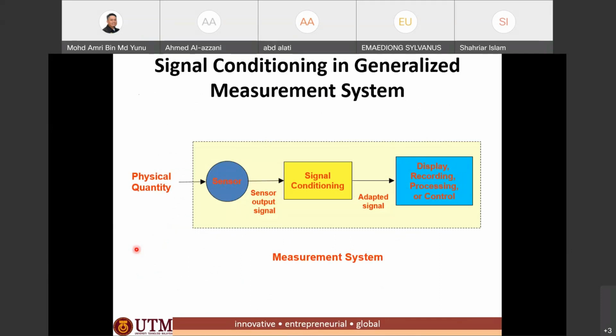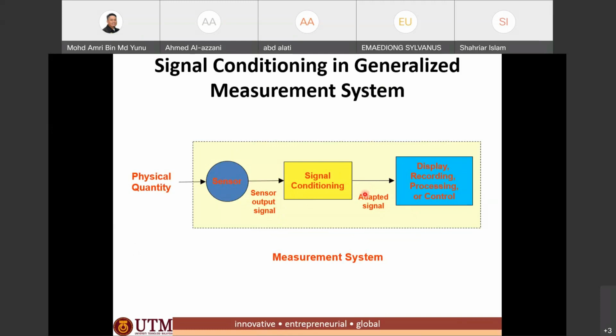Before the sensor output can be meaningful, we have to do some signal conditioning, like amplification and filtering.